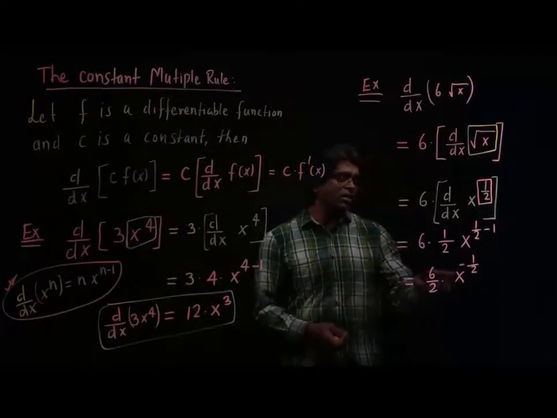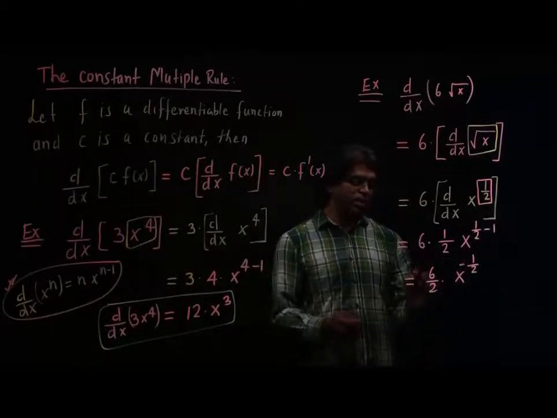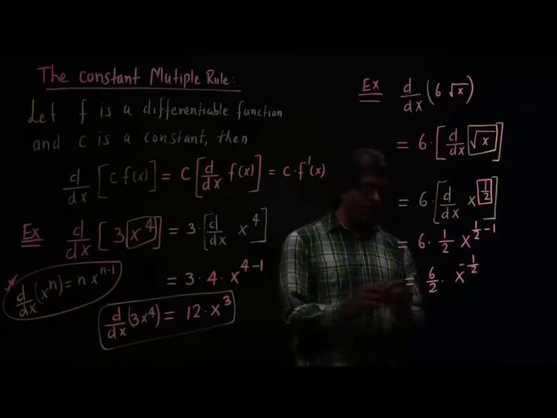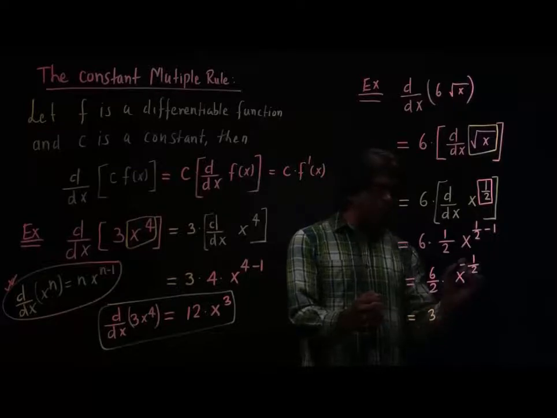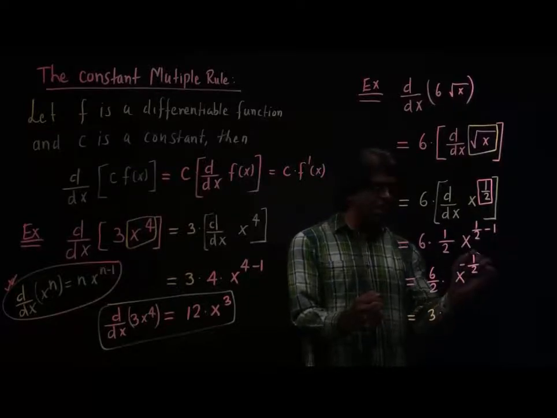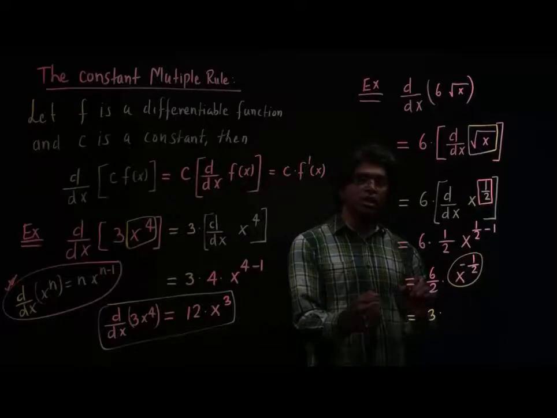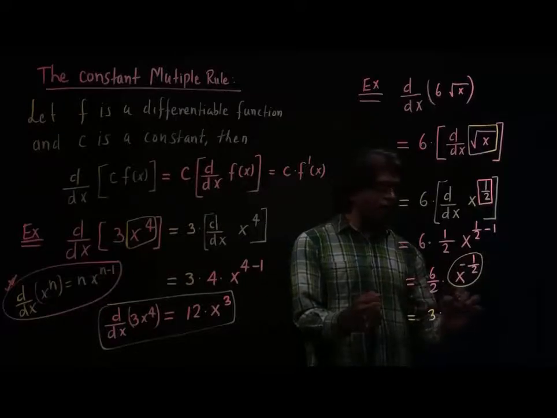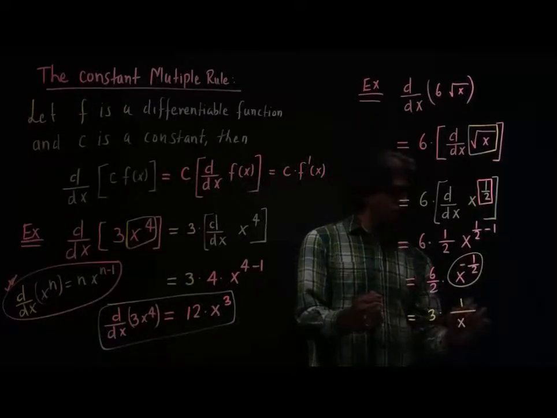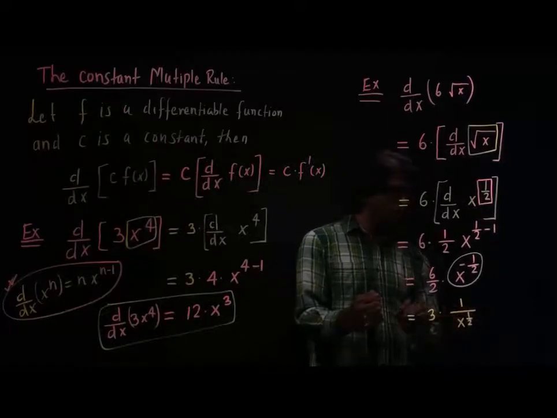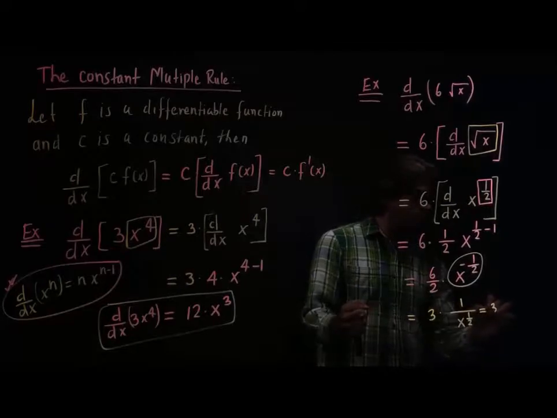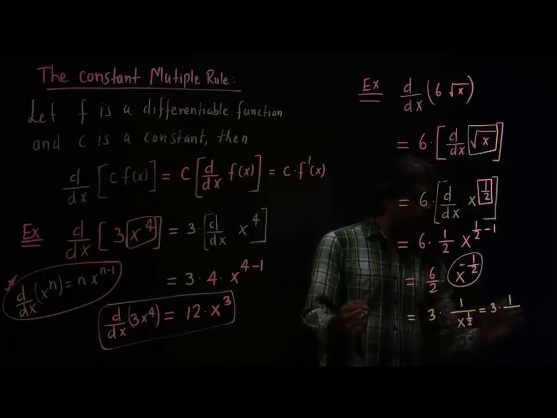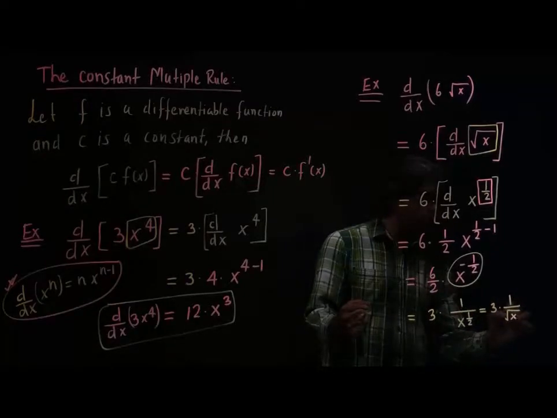Now, as you can see, I have a negative exponent. So let's simplify this. 6 over 2 is 3, and then I can take this negative exponent to the denominator, so I will write 1 over x to the power 1 over 2, which is 1 over the square root of x.